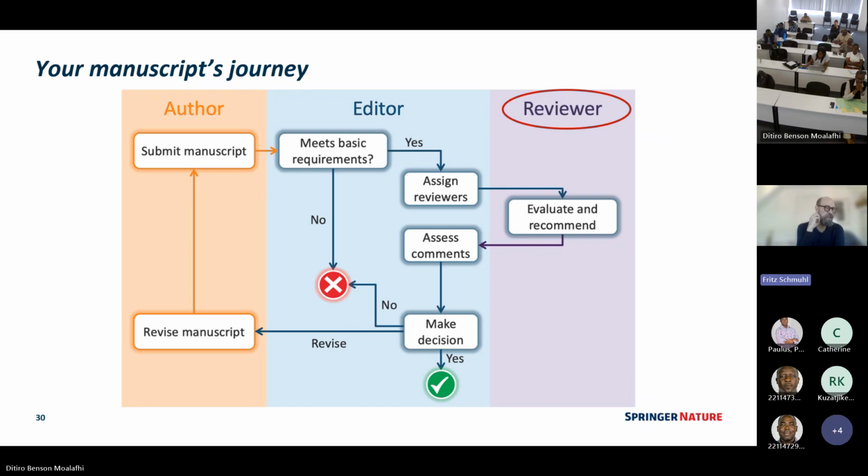The reviewers come back with their comments, and in most cases they make a recommendation to the journal for minor revisions, for major revisions, or it could be the case that already there, the reviewers suggest to reject the paper from further review. The recommendation goes back to the journal, and then the associate or the handling editor will make a recommendation based on that to the editor-in-chief.